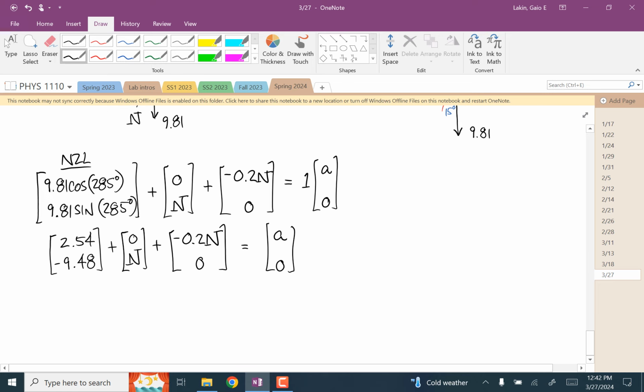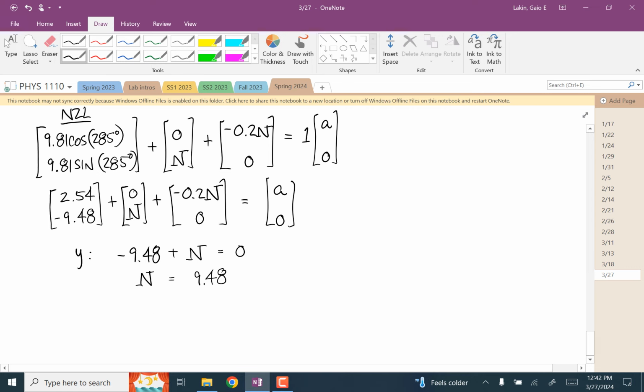First, I'll use the y equation to find N. Then I'll plug that into the x equation.